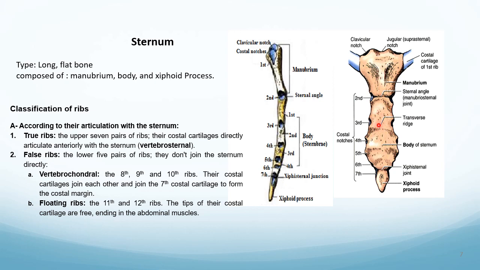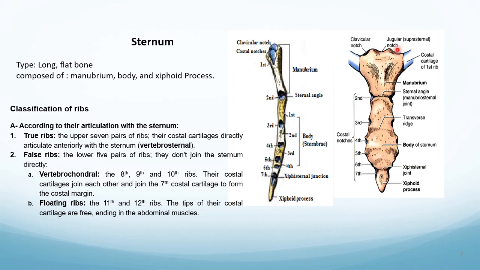The manubrium articulates with the body at the manubriosternal angle, also called the angle of Louis, and the body articulates with the xiphoid process at the sterno-xiphoid joint or xiphisternal joint.